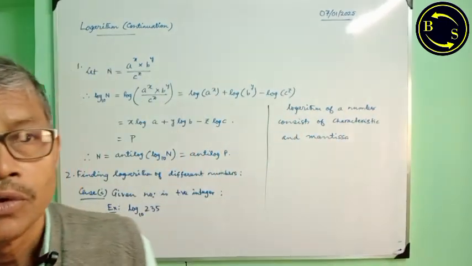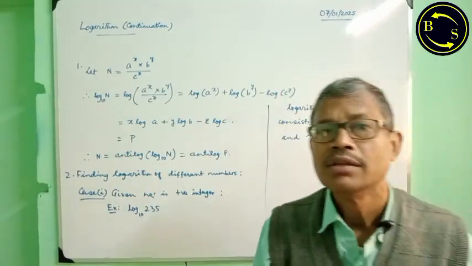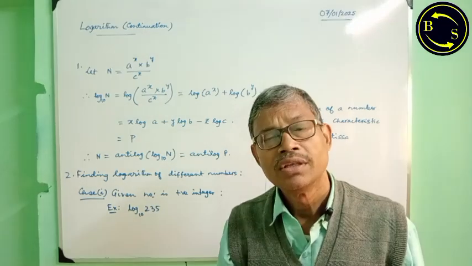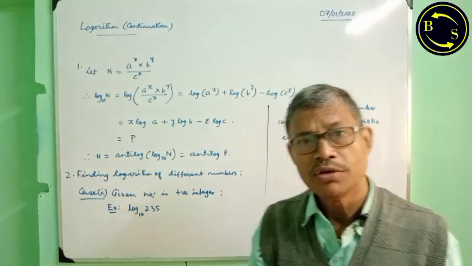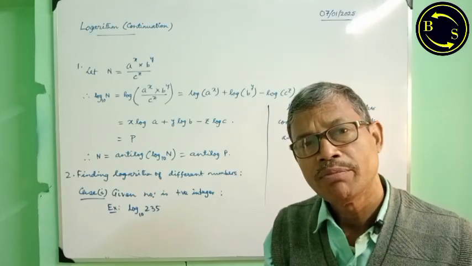If there be no digit before decimal, then characteristic will be 0 if the digit after the decimal point is non-zero.